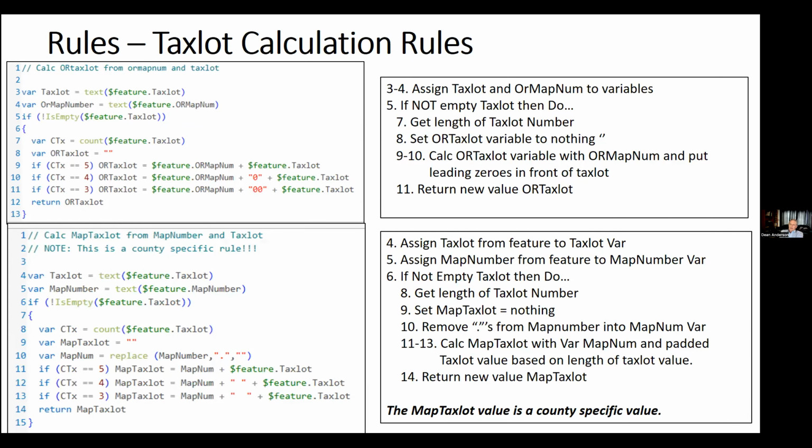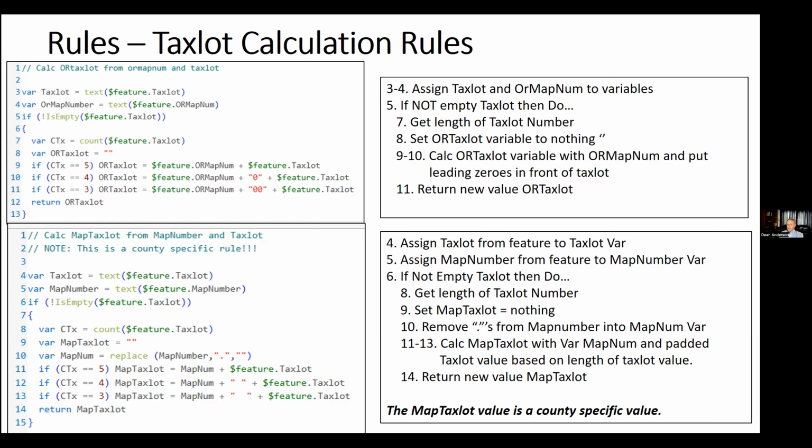In this particular case, the rules are pretty standard. Again, more Arcade. Lines 3 and 4 are grabbing the underlying ORMAP numbers and assigning them to variables for tax lot and ORMAP number. And if that attribute is not empty, then I'm going to do some things.